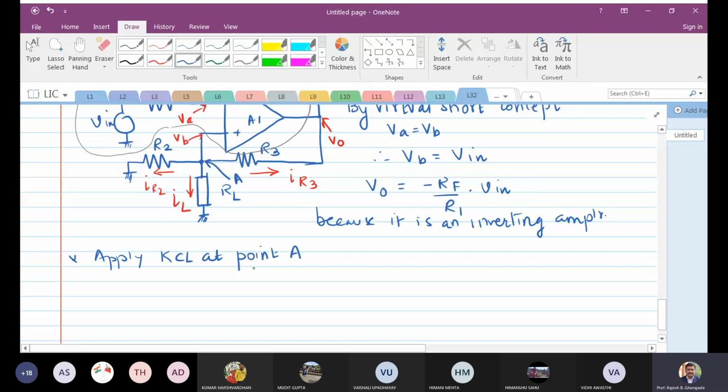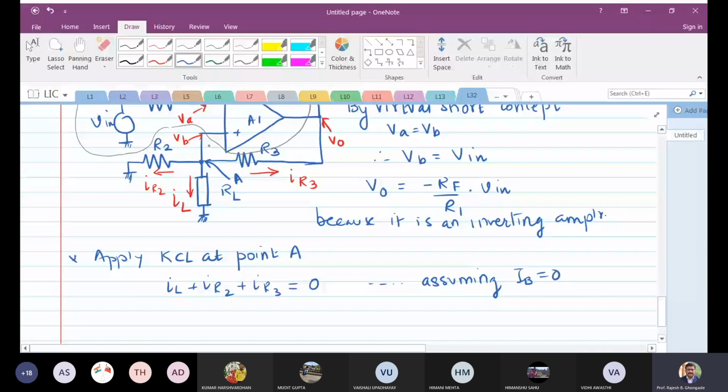So, if you apply KCL, what is the equation that you get? Add all the currents. IL plus IR2 plus IR3 is equal to zero, of course, assuming IB as 0.